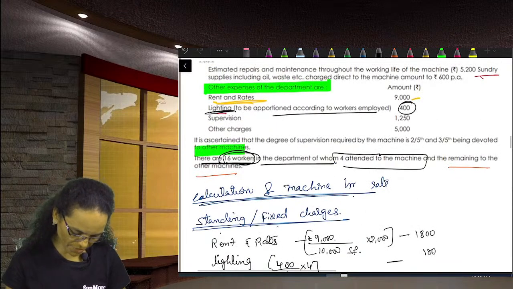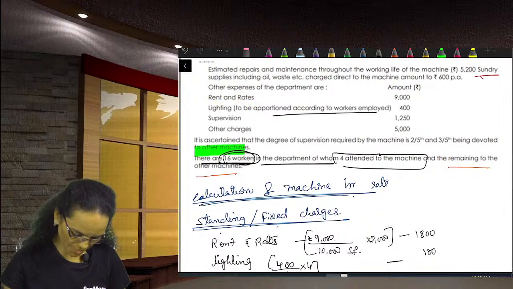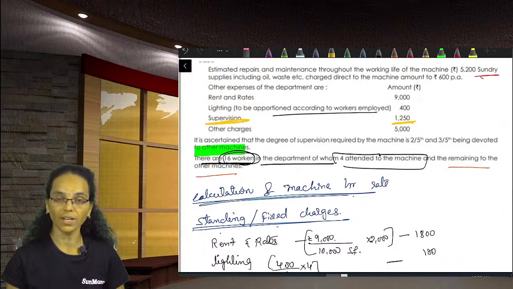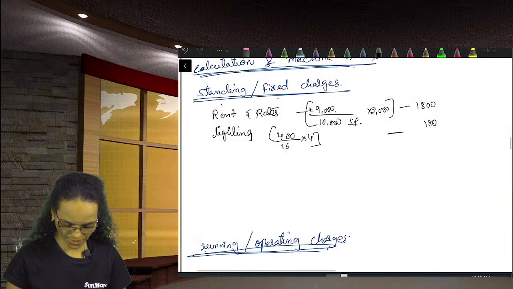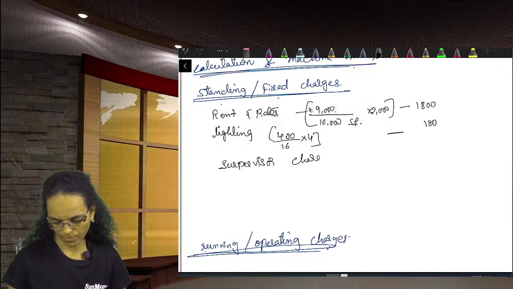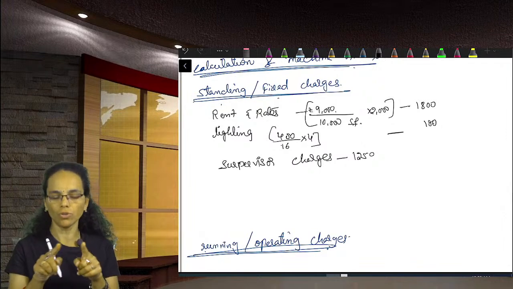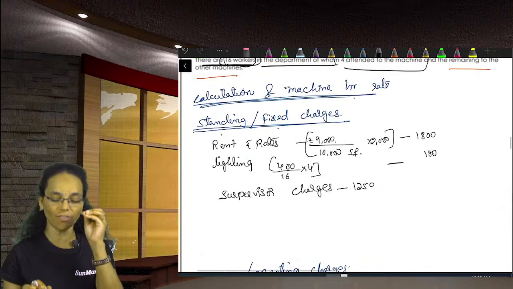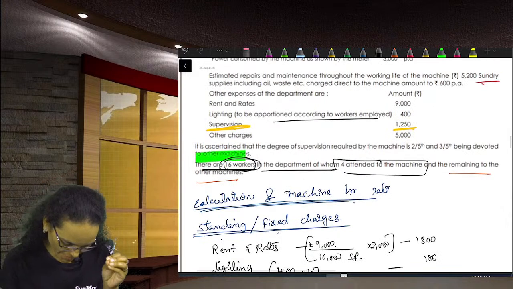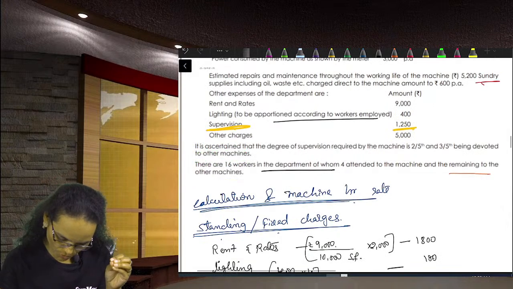Next, supervisor charges. Supervisor charges 1,250. You write first supervisor charges, 1,250. But is the supervisor taking care of only this particular machine? No, right? We have totally 5 machines, and he has given some information regarding this also.